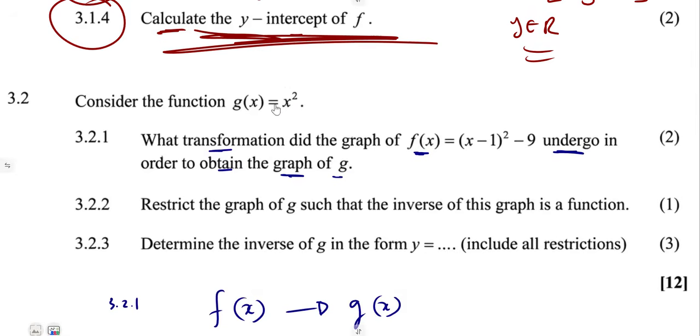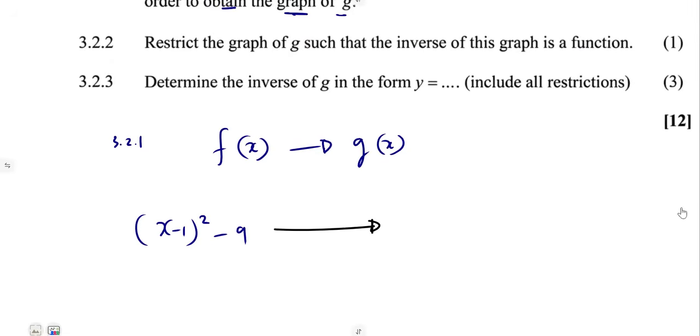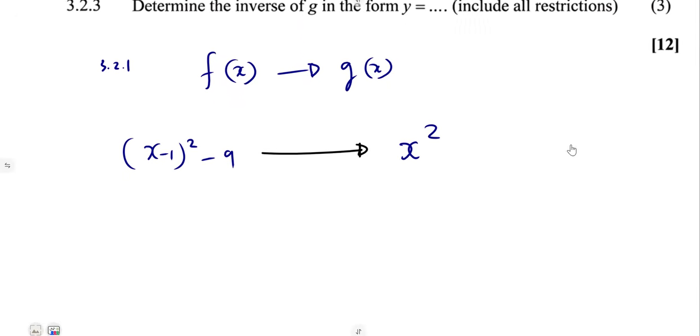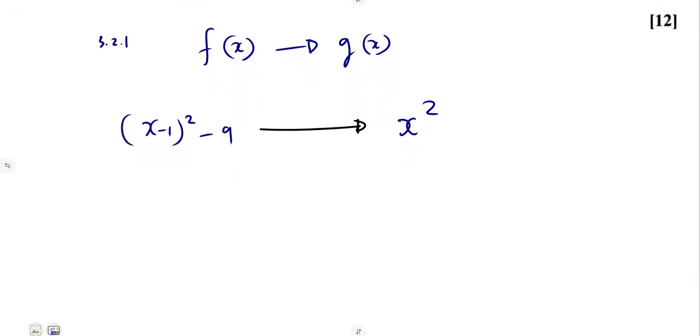And our g of x is x squared. What happened? You figure out, remember your transformations, guys. We listed all of them that are necessary in your syllabus. So in this case, we want to see what actually transpired, because we are just left with x squared, guys. Look, what happened with the negative 9?